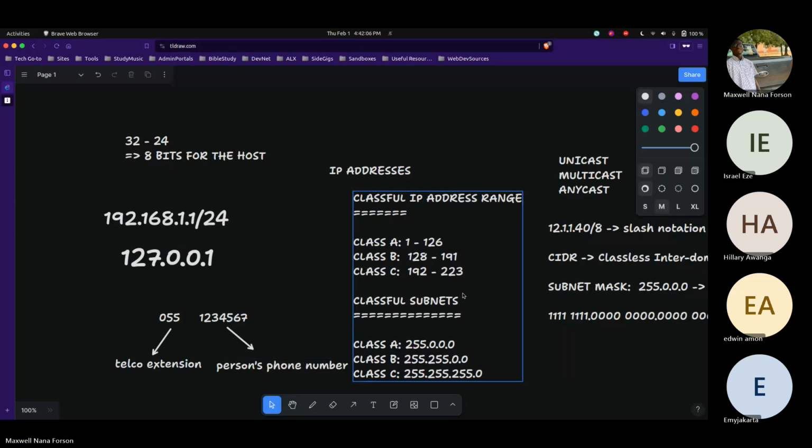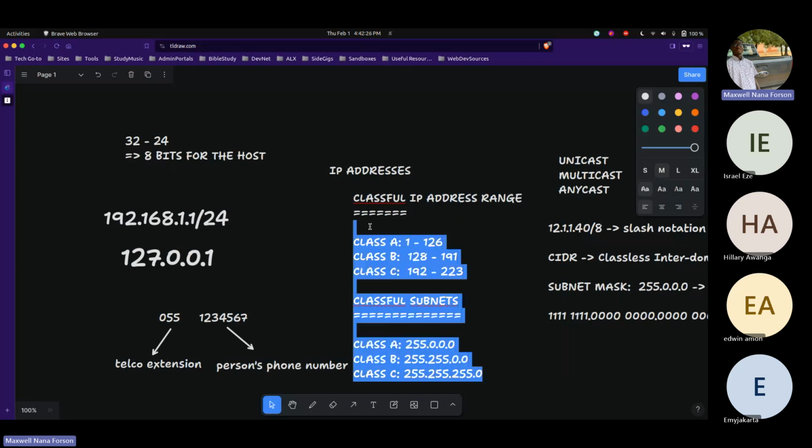So I'm just trying to say that for every address that is in class A, it has a default subnet mask of this. Then there's that, right? So I'm not saying that these two are very different. They work hand in hand.